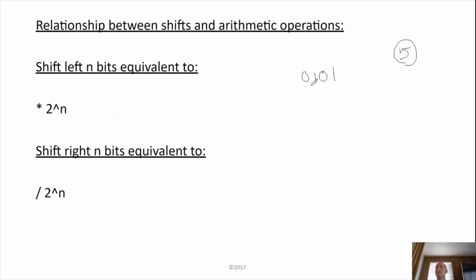If I shift this to the left by 2, I will have 1 0 1 and then 0 0. If you calculate this now, it's 2 to the 4 plus 2 to the 2, so that's 16 plus 4, which is 20.